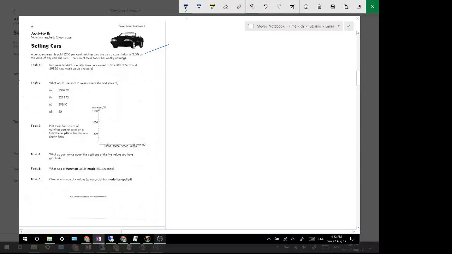So we don't have to actually use X's and Y's. We can just write earnings equals. Now it's 250 as a retainer, which means they get paid that even if they sell no cars. And then it's 2.5% times sales.